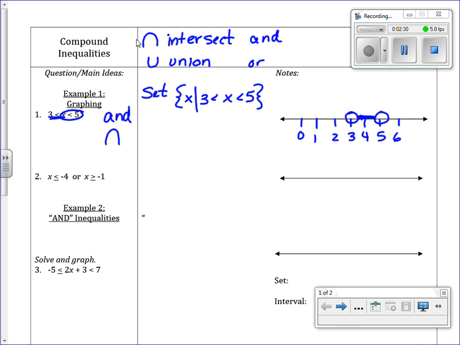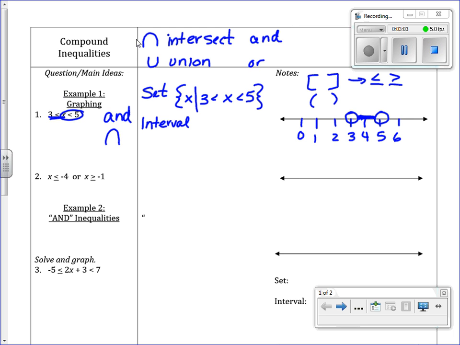Now there's also what we call interval notation. All right. Interval notation, what we would do with that is, because these are both open circles, okay, what we want to think about is that we can use either brackets or parentheses. Brackets would be used for either less than or equal to, greater than or equal to, okay?